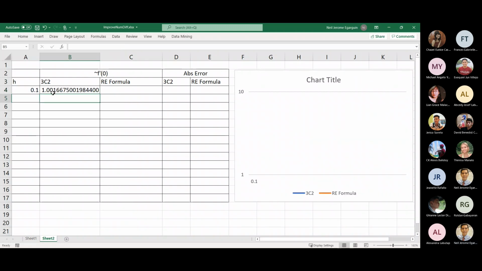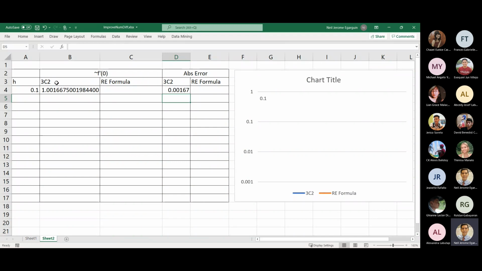Okay. At ito yung nakuha nating approximation from last time. And then we can also calculate the relative error or the absolute error. So that's the absolute value of the approximate minus the actual value 1. And there you go. Ito rin yung figure na nakuha natin from last time.